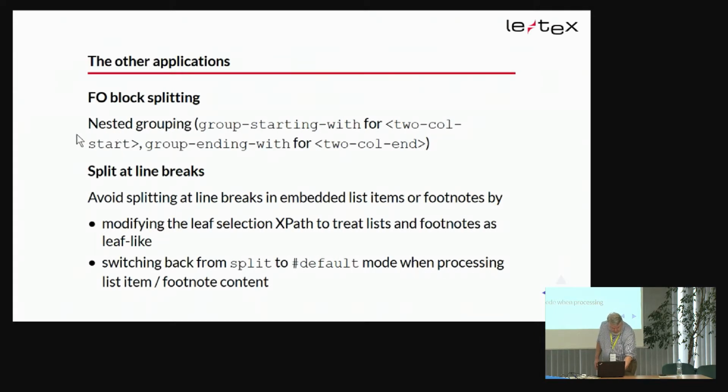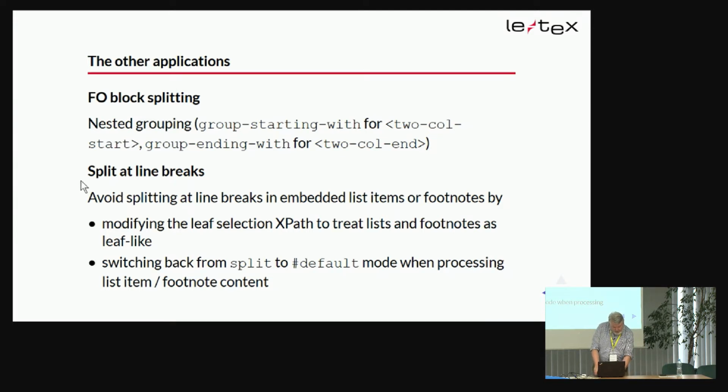Yeah, the other thing, FO block splitting, it's in the paper. You can read it, or the code is also linked to in the paper. It's in a repository. You just have the nested for-each-group.